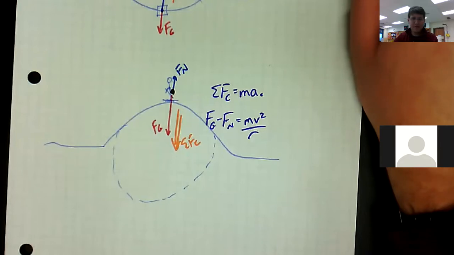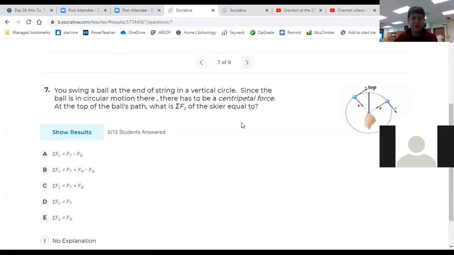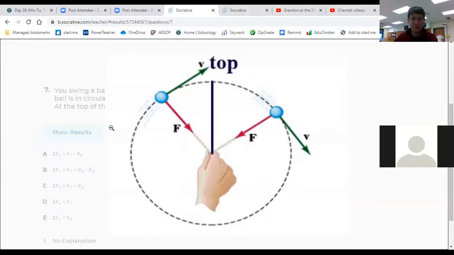Very similar but slightly different one for this third to last question. What about this time we've got a ball being swung in a circle. So at the top, what is true about the centripetal force at the very top?